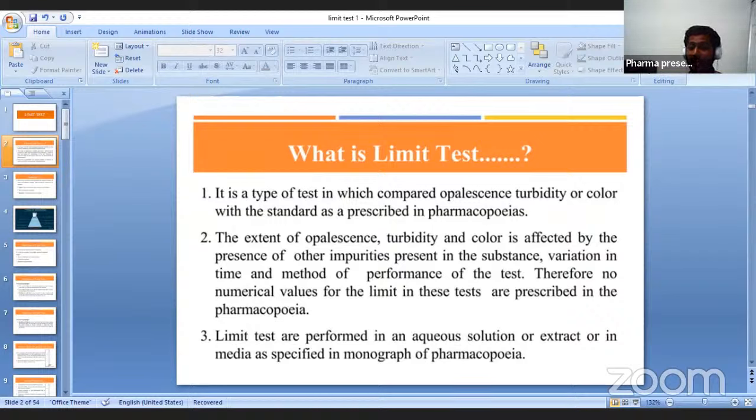After reduction, it is further reduced by nascent hydrogen produced by zinc and HCl. The arsine gas which evolves, when passed through the mercuric chloride HgCl2 paper, reacts with it and forms a yellow stain.